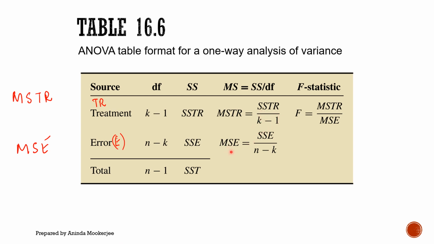And for MSE, it's SSE over n minus k, which represents the denominator parameter of our DF. Finally, once we have the MSTR and MSE values, F will be equal to MSTR divided by MSE. So the final column is for the F statistic. And in the SS column, we have SSTR and then SSE, and the total of SSTR plus SSE should give us SST, the total sum of squares.